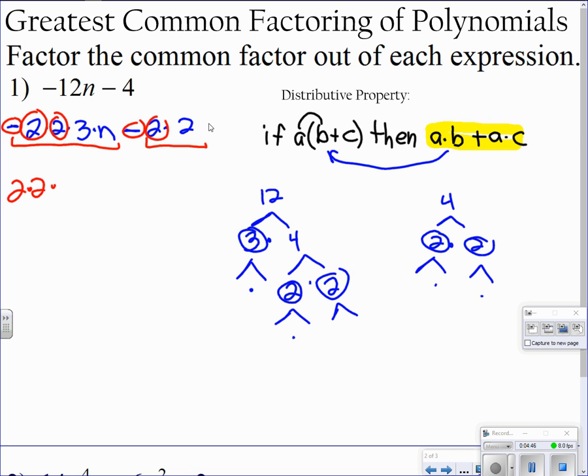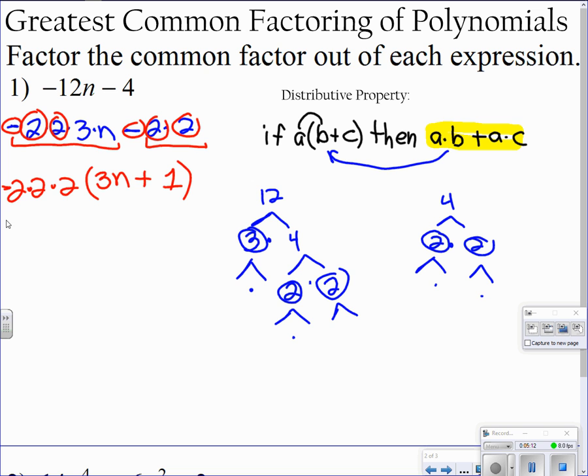So I'm going to write 2 times 2. Now parentheses, the leftovers. If I take out what I circled here, what's left over is 3n. I took out the minus, so this should be plus. There's nothing left over, so we say 1. I'm sorry, I forgot the negative.